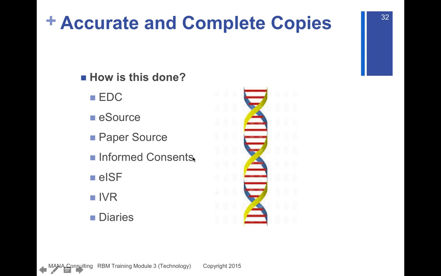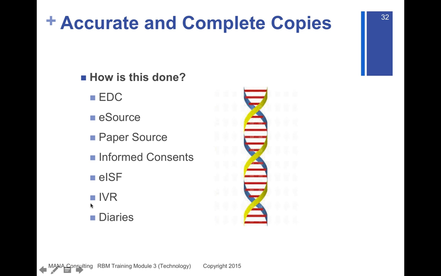Informed consents. Again, Christine, making a certified copy, a certified electronic copy is a great way to keep a copy. Otherwise, the old-fashioned make a paper copy is fine. The worry is, do you have them all?